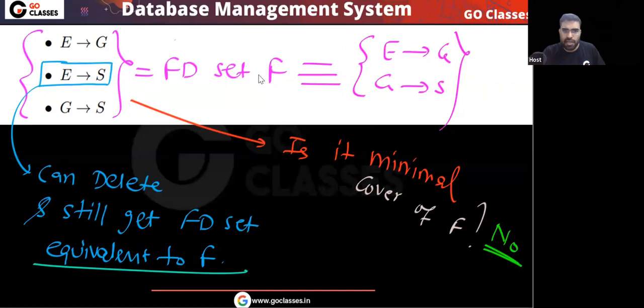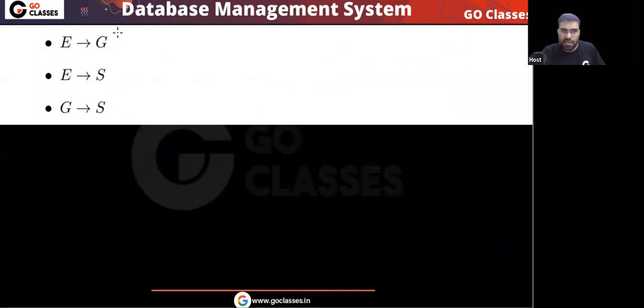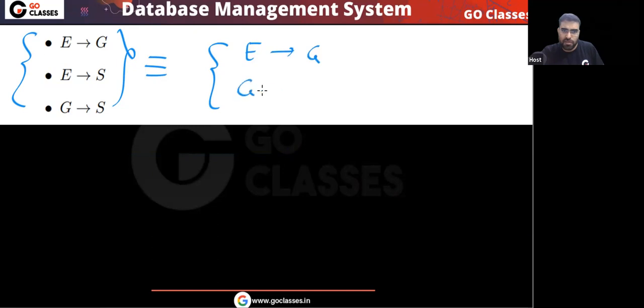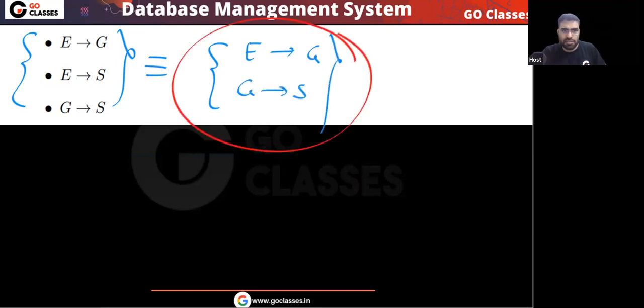Yes or no? And tell me one more thing. Can I remove something from this? Is it minimal? This set is equivalent to this set. These two sets are equivalent. Can I delete something from this?